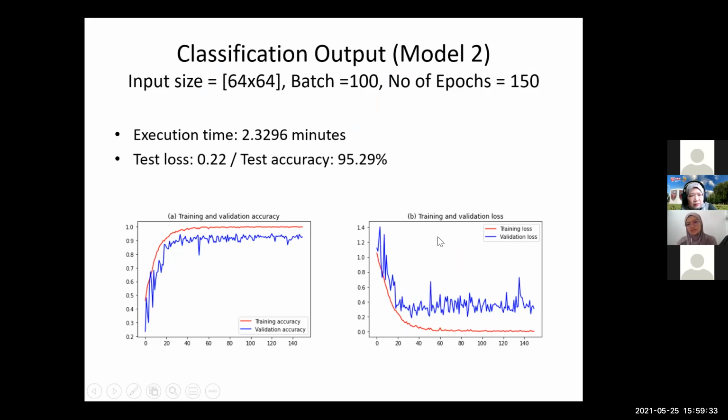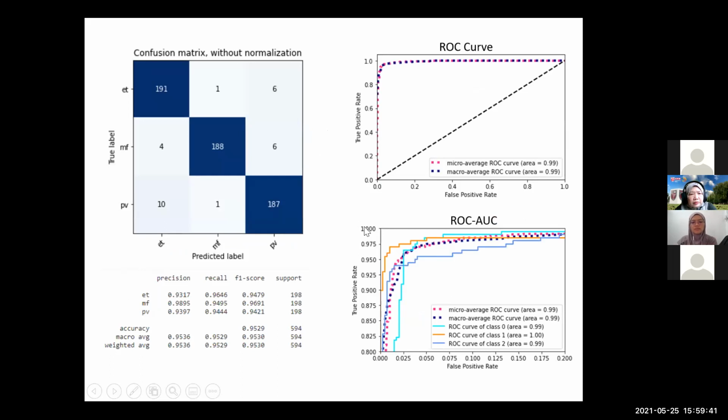Okay, and this is the training and validation loss. There's a little gap, but after that we evaluate the model further. From the confusion matrix, the least accuracy in classification goes to PV.